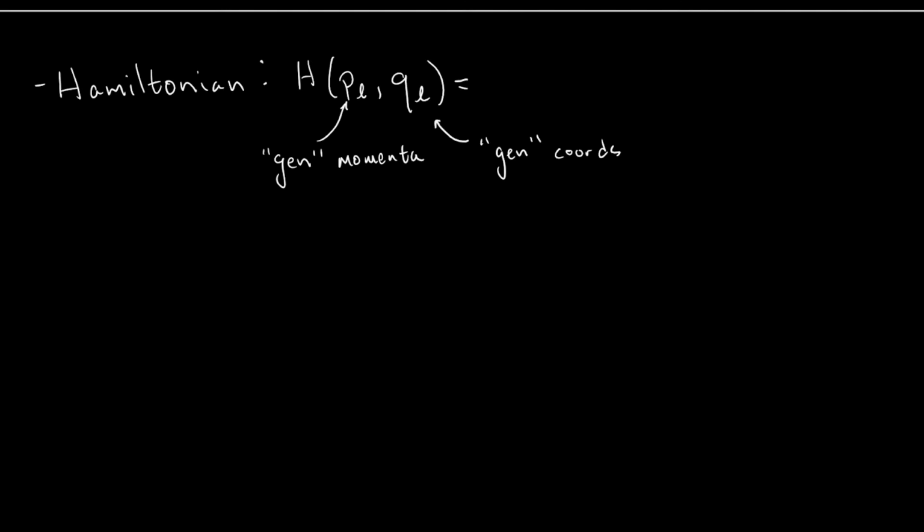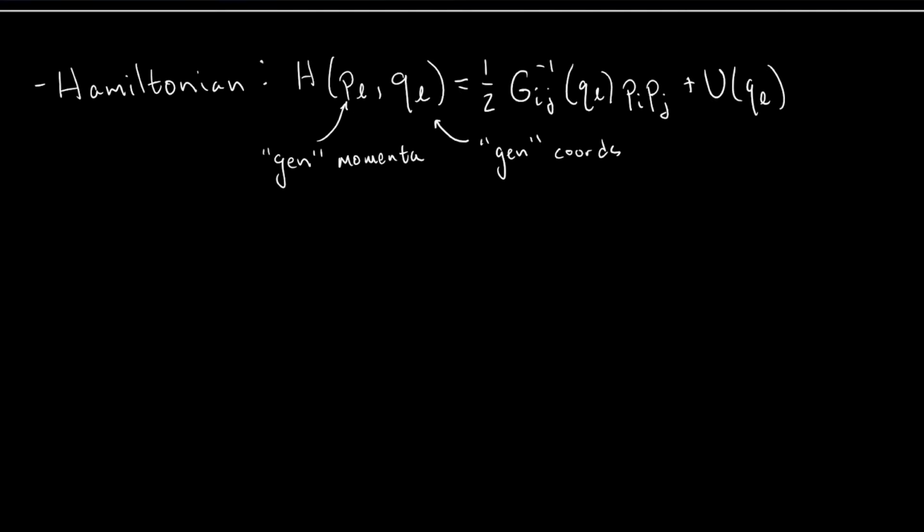So we can write our Hamiltonian in this general form as one half G inverse ij of q, p_i p_j, plus U of q. And just as another note, remember that we're only ever dealing with conservative systems here, so systems which conserve energy.